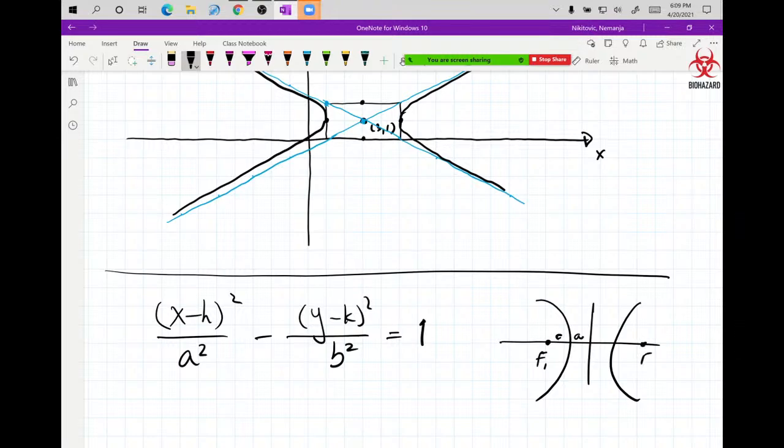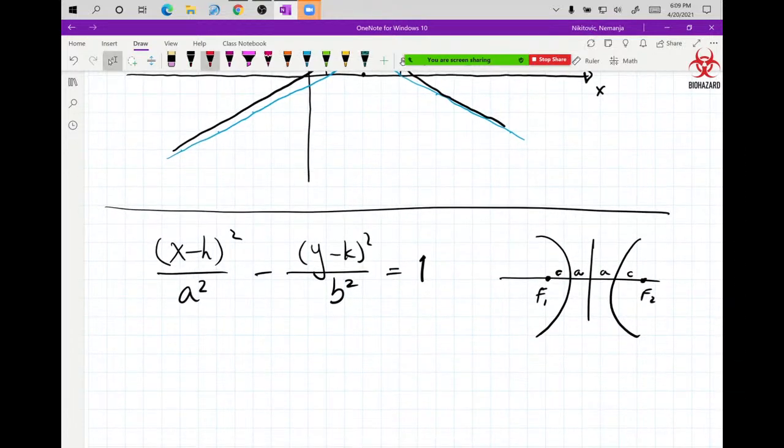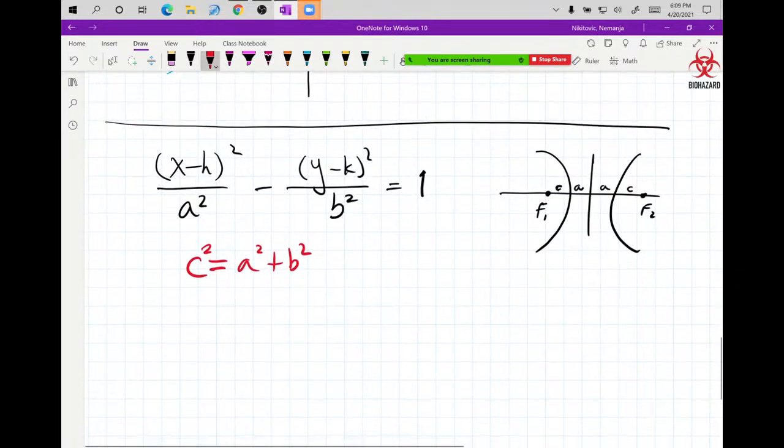So for focal point 2 over here, have a, and then you have again this value of c. Now c is given by the Pythagorean theorem, where c squared is equal to a squared plus b squared. Foci, that's plural because you always have 2 of them.